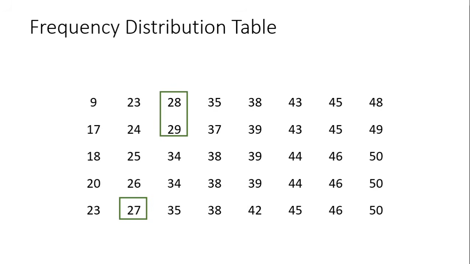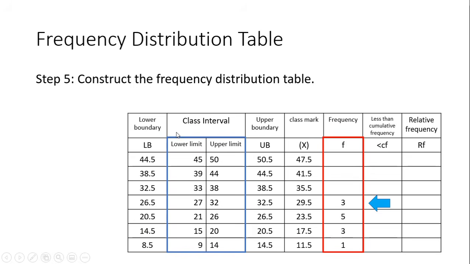So with that in hand, we have 1, 2, 3. So there, you place 3. Okay, that is the reason why the first step is for you to arrange your data from lowest to highest for you to easily identify the frequencies.